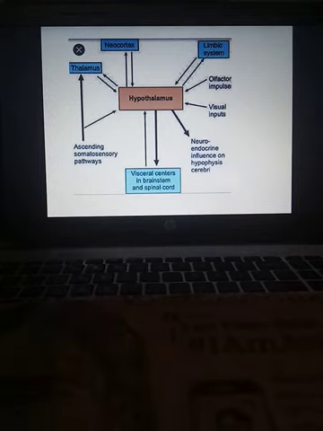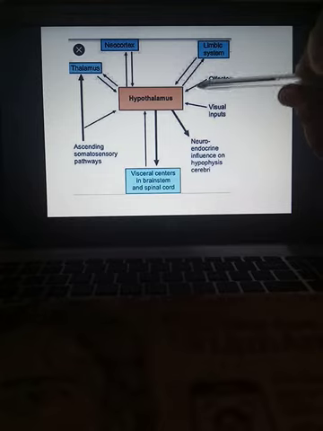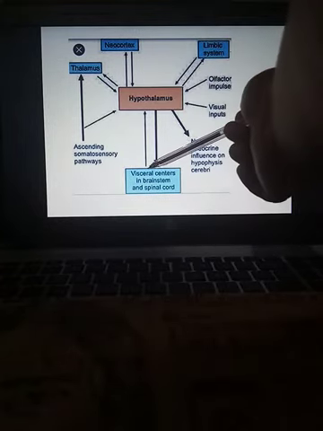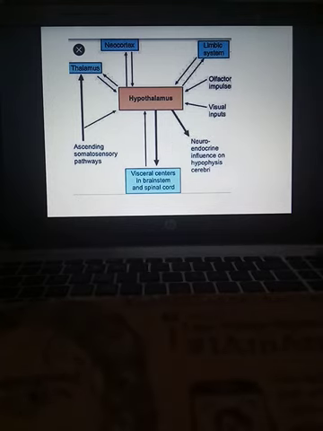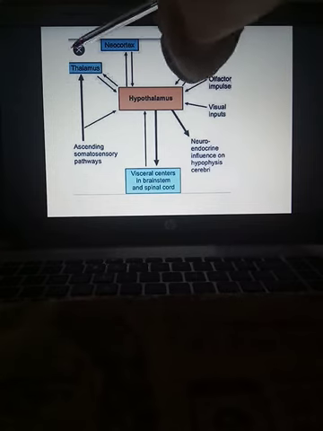Now your hypothalamus will receive afferents. These afferents will come from the somatosensory pathways. It will come from the visceral centers in brain and spinal cord. These afferents will come from the visual input, olfactory input, limbic system, neocortex, and thalamus.